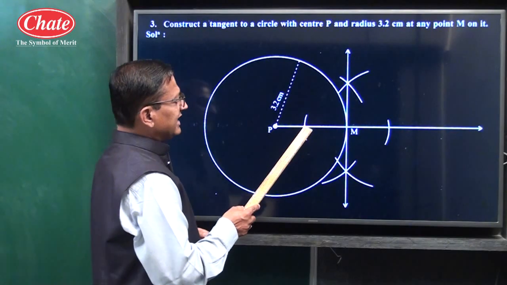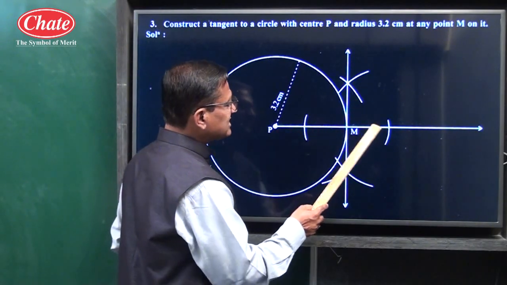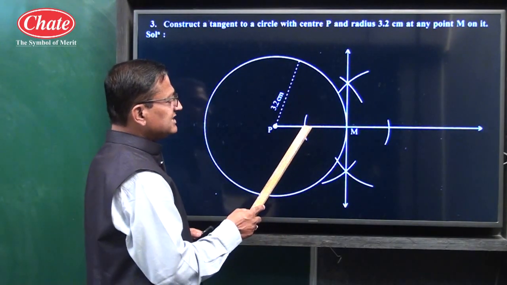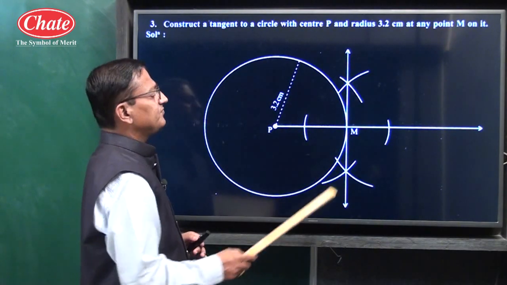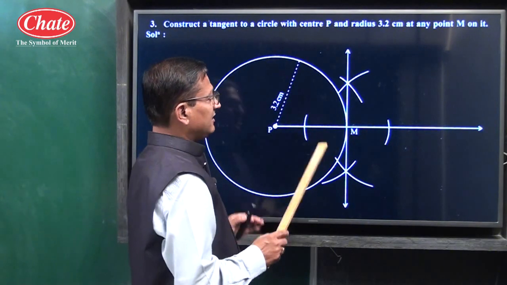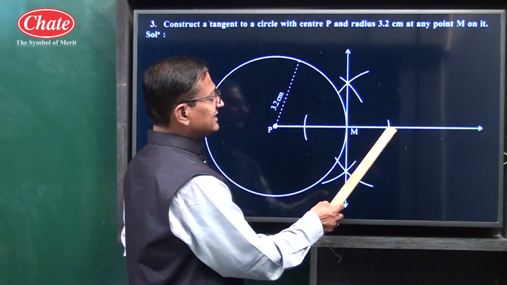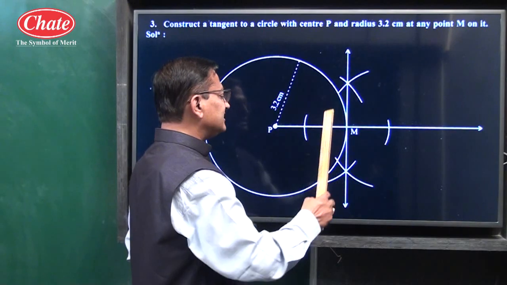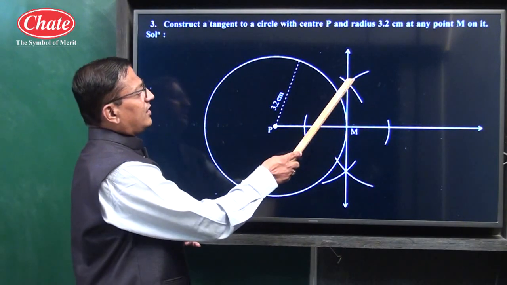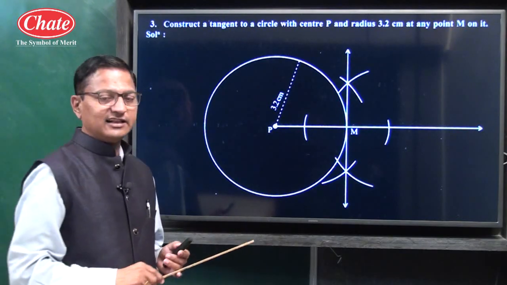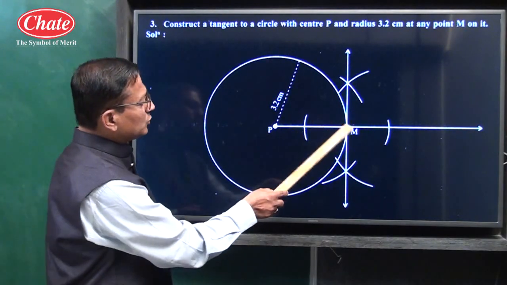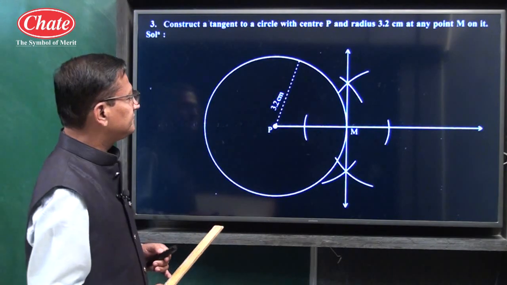After that, take a distance more than this and with this arc as center, draw this arc and this arc. After that, by the same distance, take this as center and draw intersecting arcs. Join these 2 points, we get the tangent to the circle passing through point M.